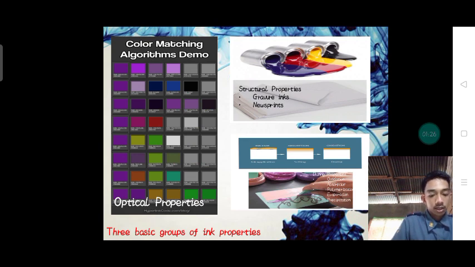Color matching test can be done visually under specific lighting conditions or utilizing a spectrophotometer and computer programs that can match a color wavelength by wavelength.